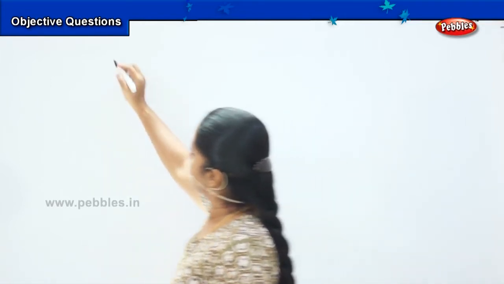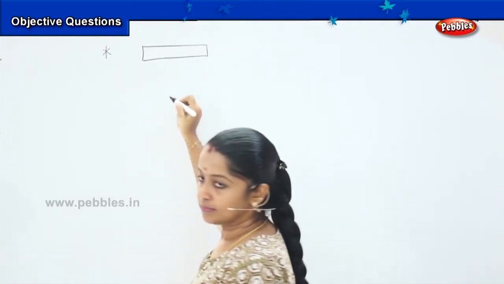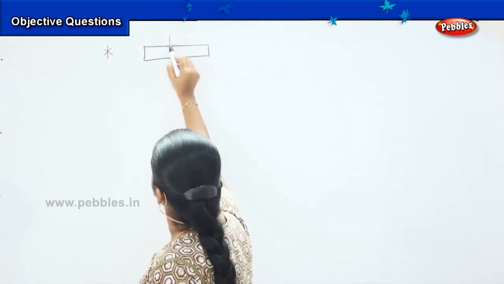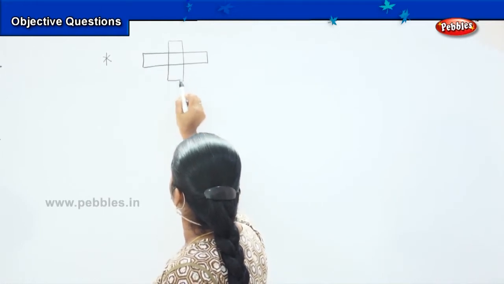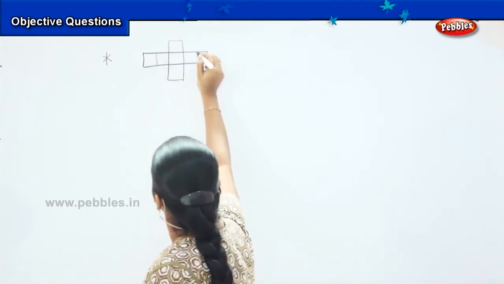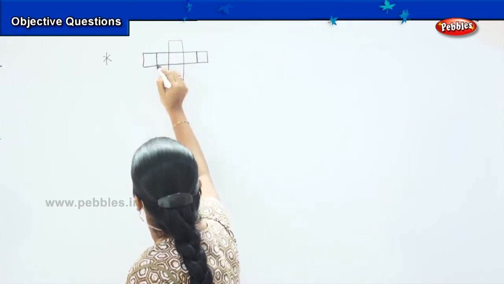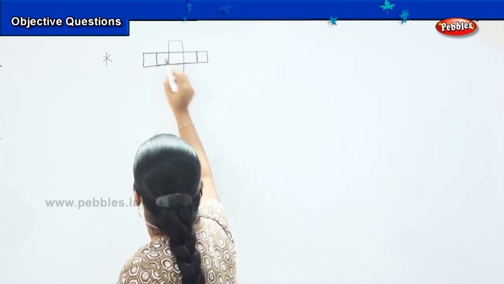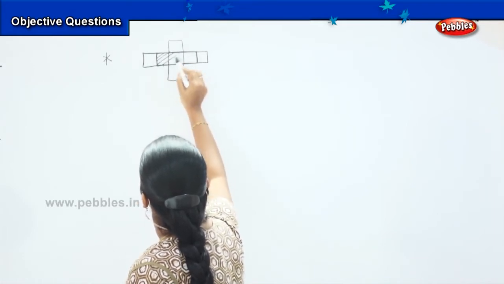So here comes my next question. Okay. Now, what shape is this, children? It is a rectangle. Okay. Yes. And I am going to shade this portion.